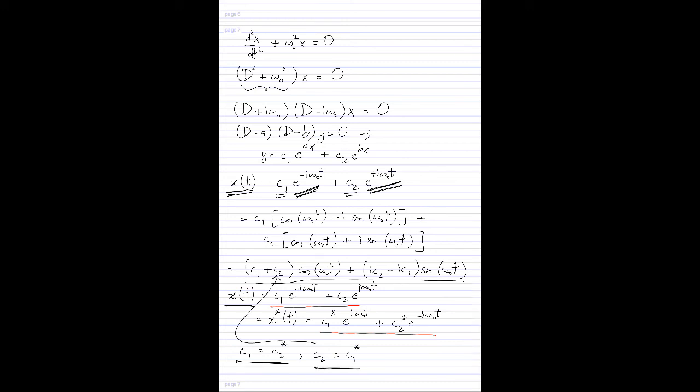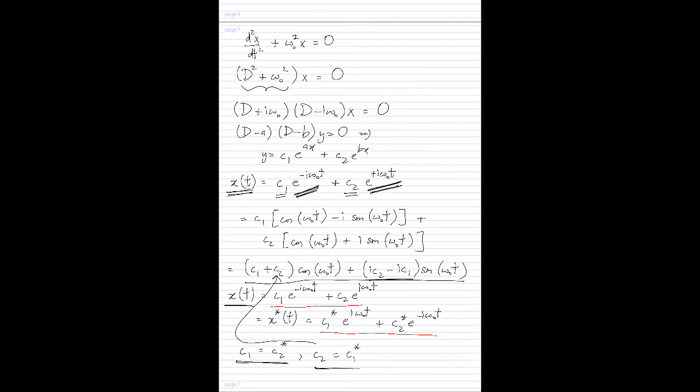Because c2 is equal to c1 star, I get as coefficient of cosine omega naught t, c1 plus c1 star, but that is guaranteed to be real. So I can define c1 plus c1 star, which is guaranteed to be a real number, as some new constant capital A.